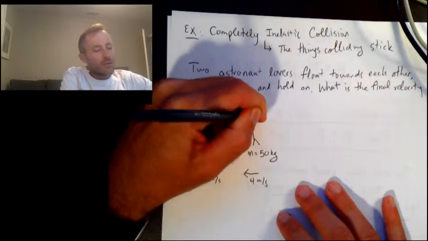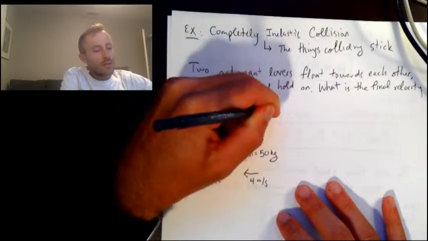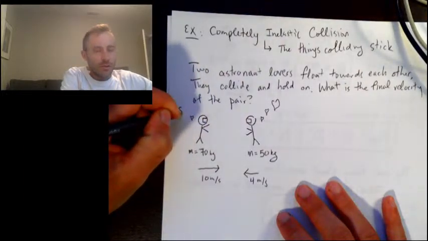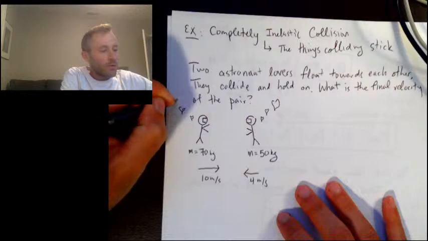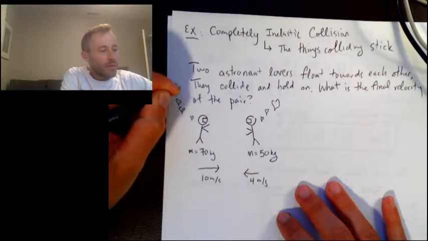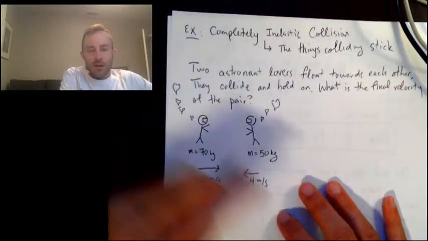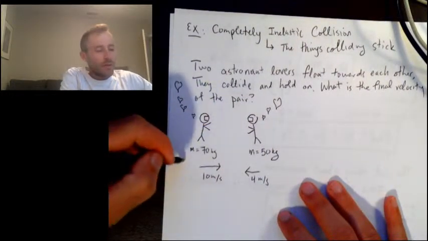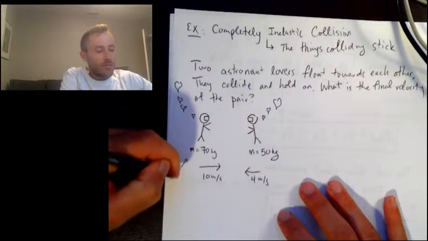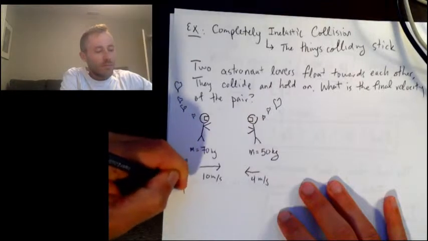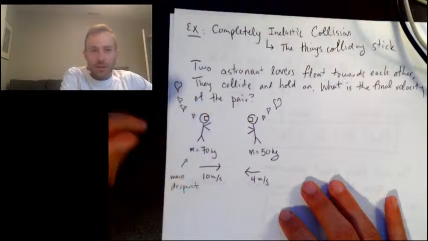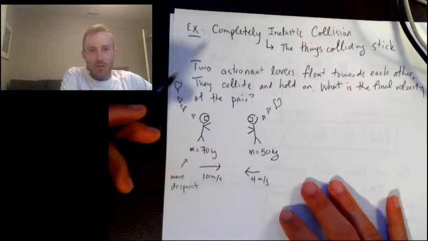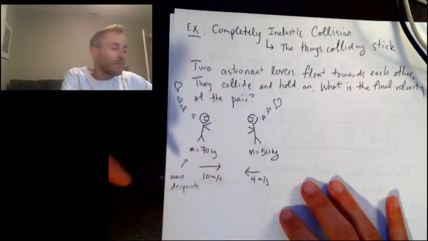And then I'll draw some hearts here. I'm only going to draw 2 hearts for this person. Oh, actually, I'm going to draw 4 hearts for this person. My bad. We can see that this astronaut has a much greater velocity, so this astronaut is kind of more desperate. And because that astronaut is more desperate than the other one, that's going to create a rift between them, and I don't think it's going to work out between these two astronauts.